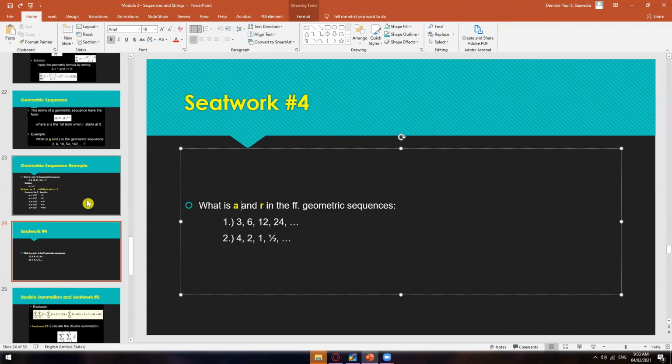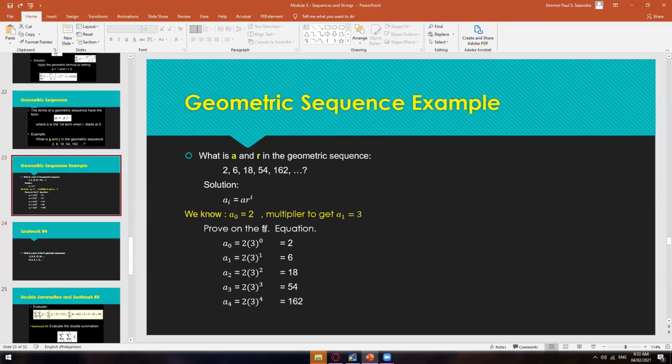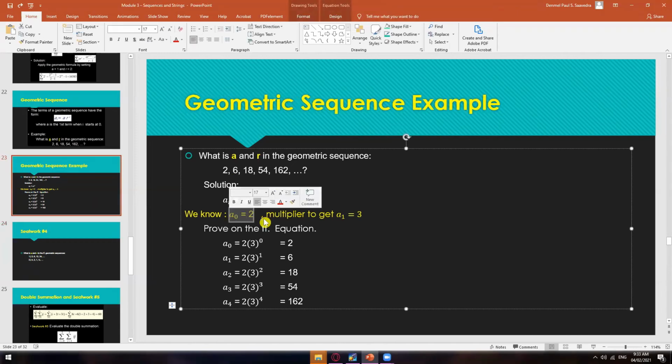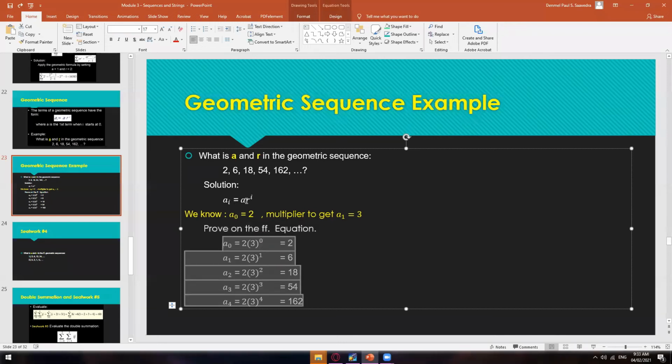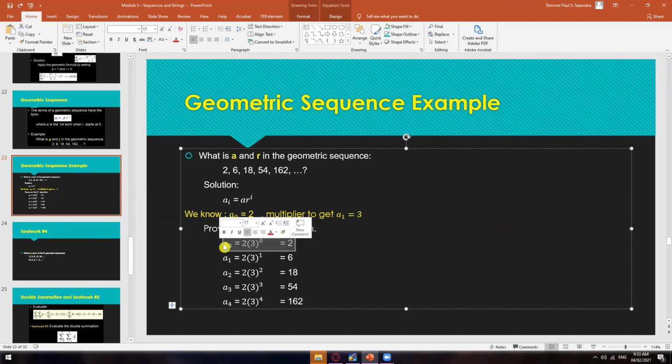You can do the same as this example: answer your A, identify your multiplier or R, and then prove it using the equation A times R raised to I, to get A sub 0, A sub 1, and so on and so forth.